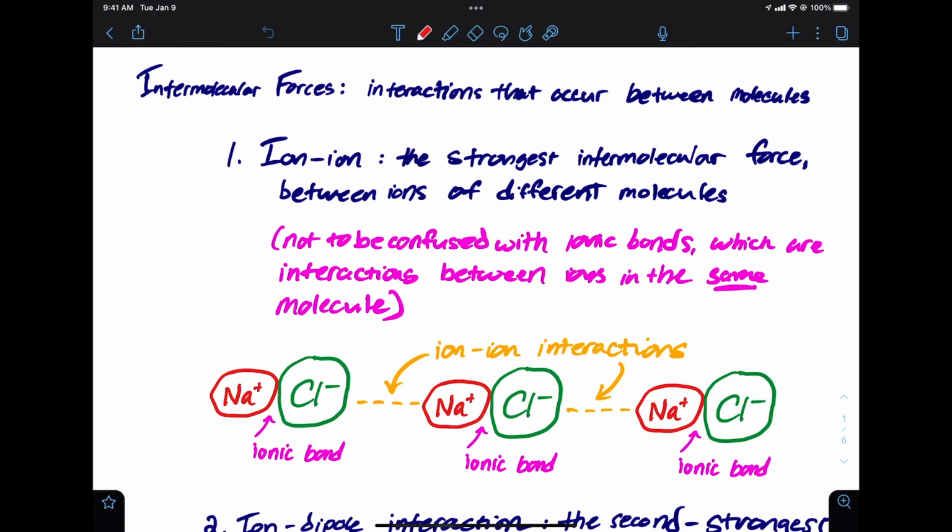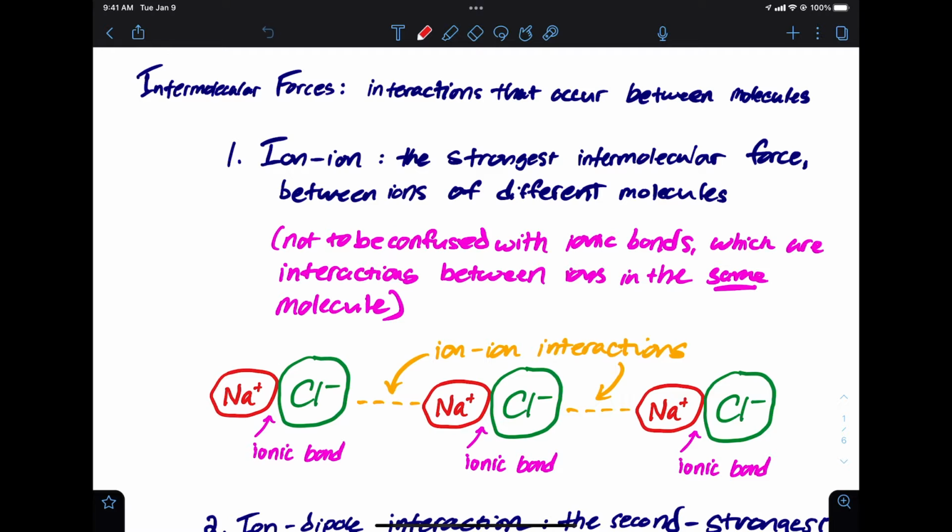So we usually think about them in terms of favorable interactions, attractions that occur between molecules. I've got 7 or 8 listed here, depending on how you categorize them, and I want to go through them in terms of their strength, strongest to weakest.